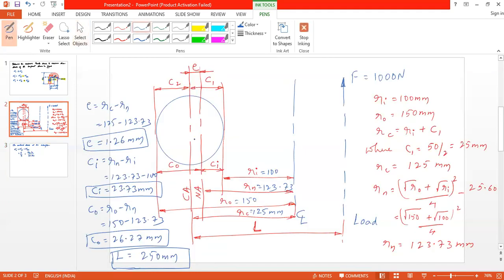Because we need to find out the area also. We need the area. So what is the value of the area? It is pi d square by 4. That is pi into 50 square divided by 4. So it is 1963.49 mm square.